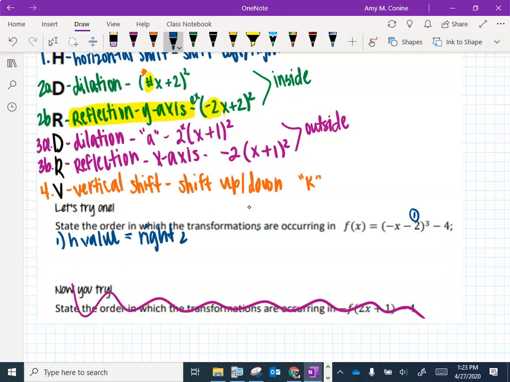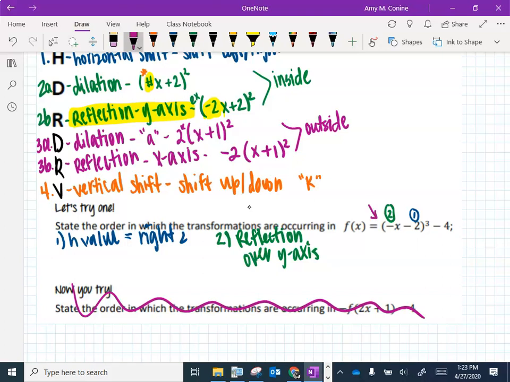Okay? It's the opposite of what's there. So then if we are looking at our list and what we've talked about, the second thing we're going to do is this negative in front of the x, that's a reflection, and that's going to be over your y-axis. Remember, inside y, inside y. Okay, we do not have an a in front here.